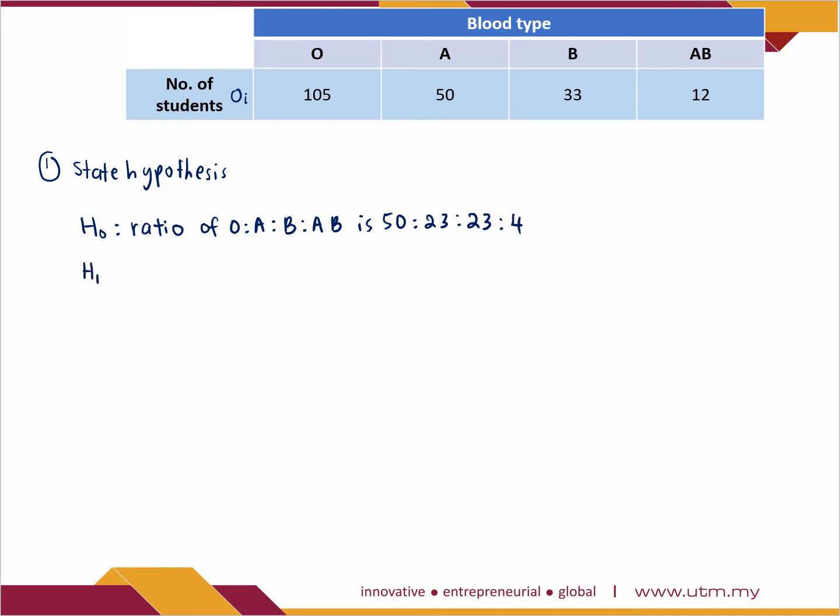And the alternative hypothesis would be the counter of the null hypothesis, where the ratio is not this one.